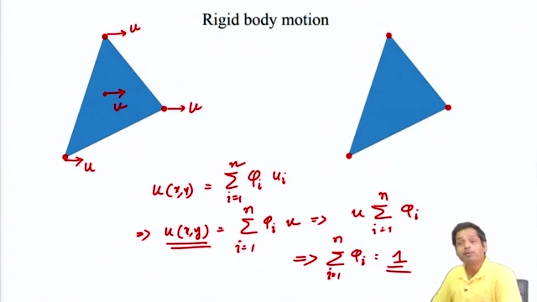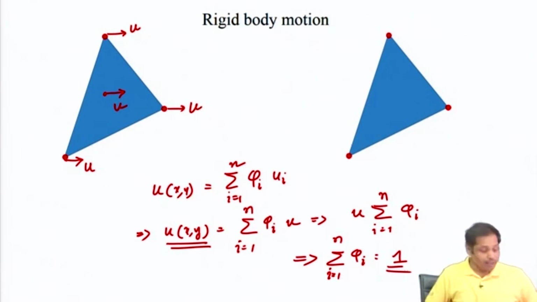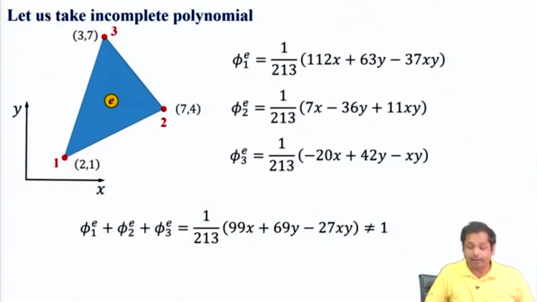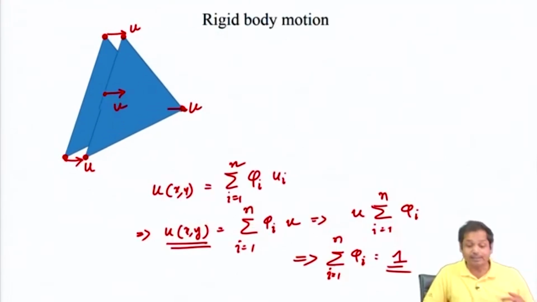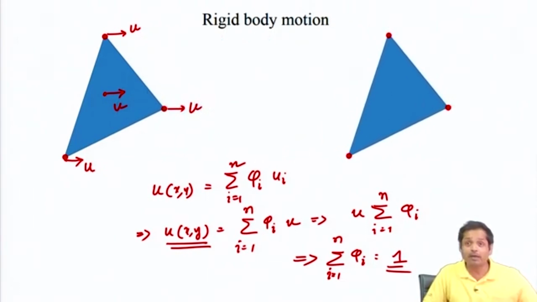So the partition of unity property has a very important physical meaning. The shape function we constructed doesn't satisfy this property, which means it is not sufficient even to capture rigid body motion.